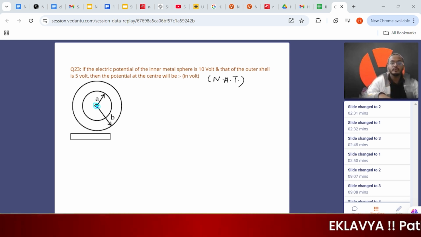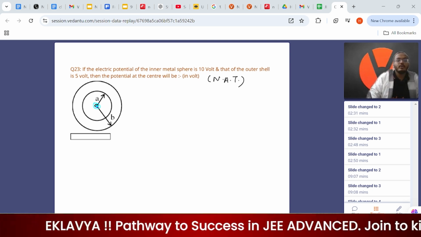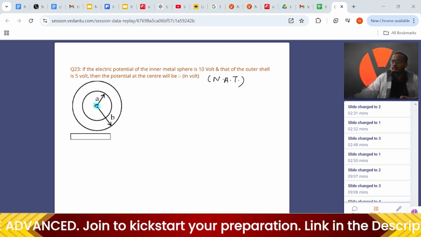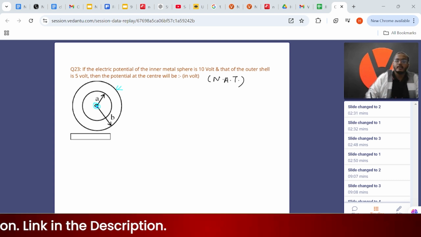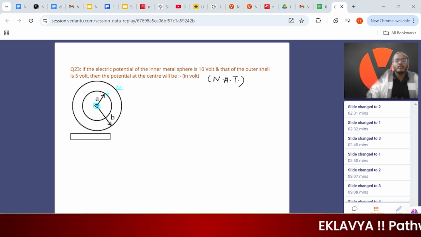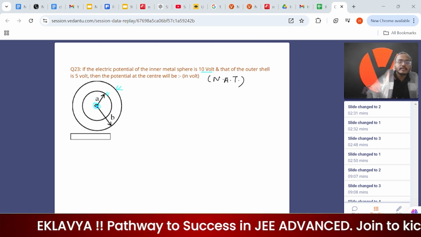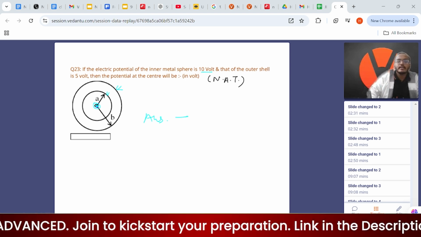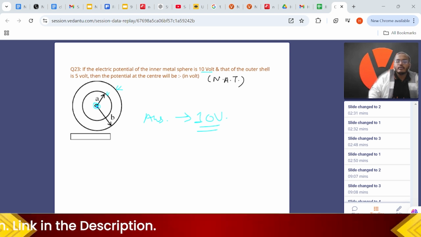So you just need to remember that on the inner surface it will always be equal. So here the answer will be 10 volt.